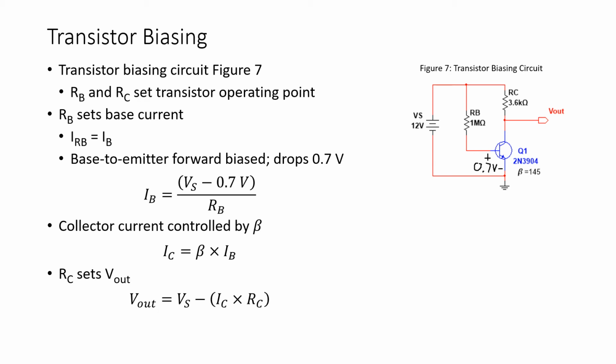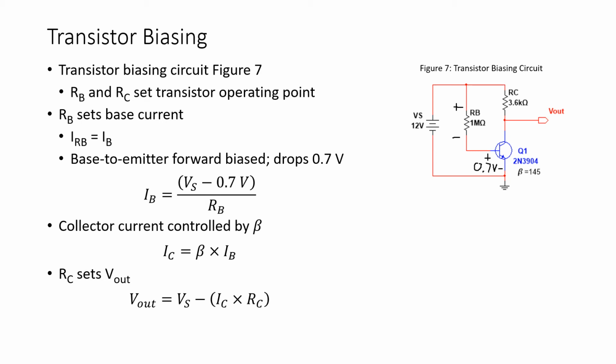Now the rest of the voltage Vs has to be dropped across the base resistor RB, and of course Ohm's law tells us that the current through a resistor is the voltage across that resistor divided by that resistor's value.